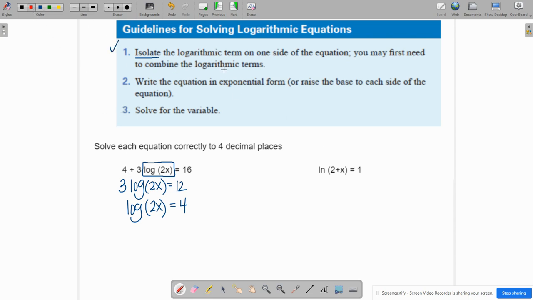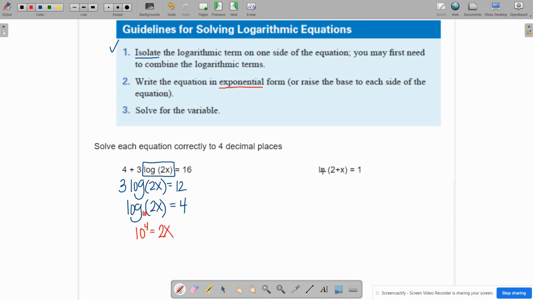Step 2, we are now going to utilize exponential form because our goal is to isolate this variable, which you're taking the logarithm of. We need to find a way to essentially get it out of a logarithm. And we know that our inverse function is an exponential function, so why not utilize that? So if we were to rewrite log base 10, remember that's a 10 there if it's not written, of 2x equals 4, we know this would be 10 to the 4th power equals 2x.